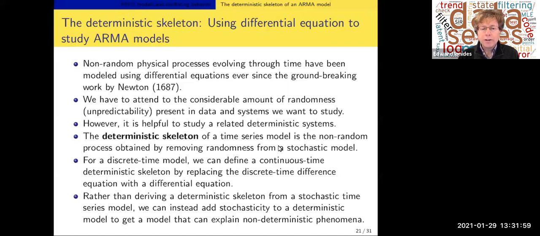And then rather than deriving a deterministic skeleton from a stochastic time series model, you can also go the other way around, and take a deterministic model and think about how to add stochasticity to get a model that will explain non-deterministic phenomena, where you think your deterministic understanding gives you some good insight into the equations, but just doesn't give you enough stochasticity to explain data.